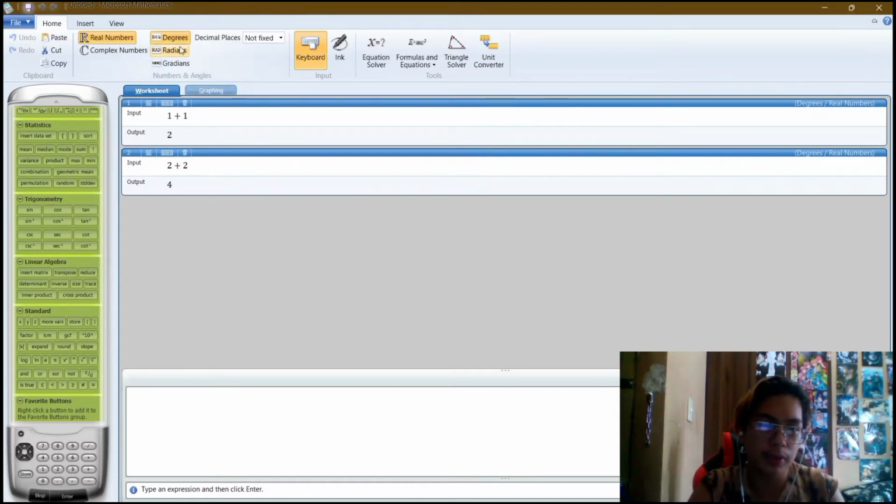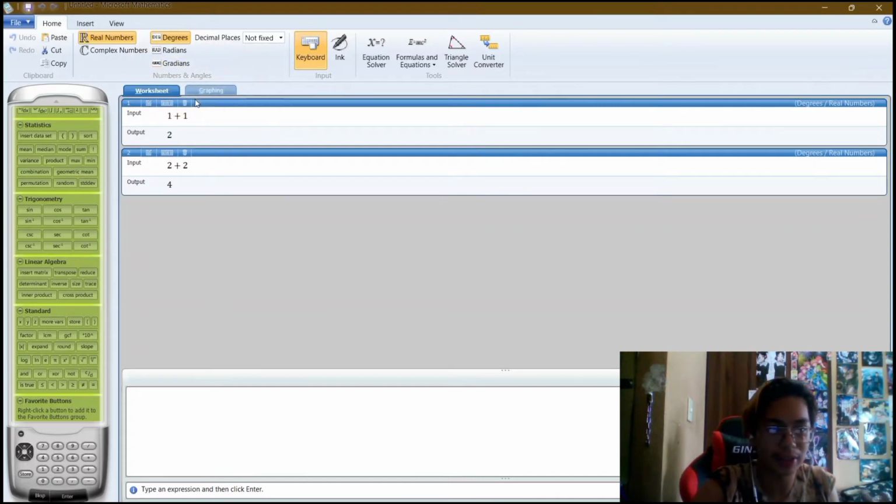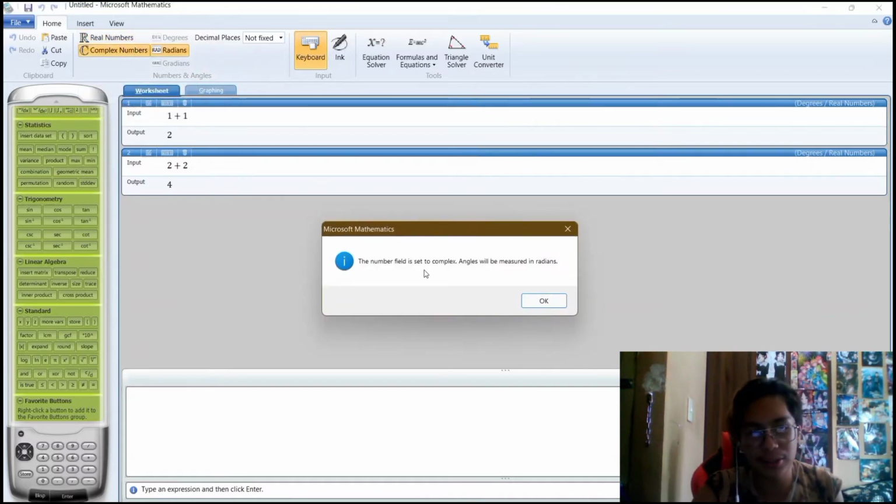Next, we have degrees, radians, and gradients. What this means is like in our scientific calculator, where we can solve using degrees or radians. It's the same here in Microsoft Mathematics. We can solve with degrees, radians, or gradients for real numbers. Now, if we click on complex number, it says here the number field is set to complex.